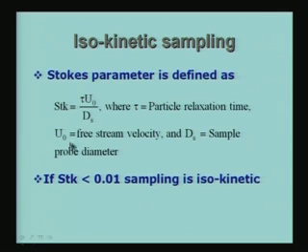If this Stokes parameter is less than 0.01, sampling is expected to be isokinetic. Therefore, to find out what diameter of sample probe to use, we have to find the value of the Stokes parameter and make sure that it is less than 0.01, so that isokinetic sampling can be achieved.